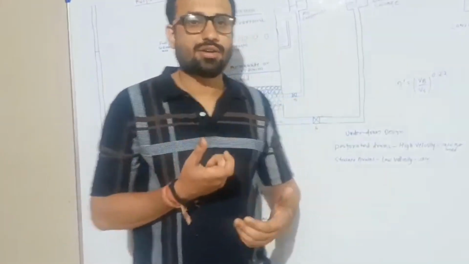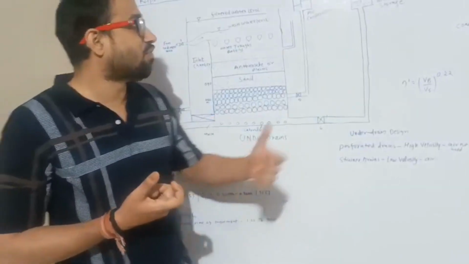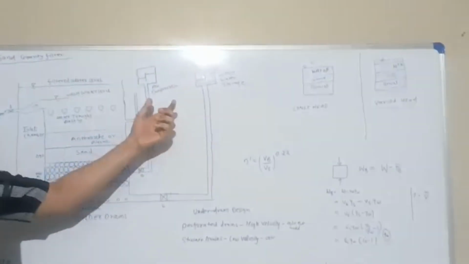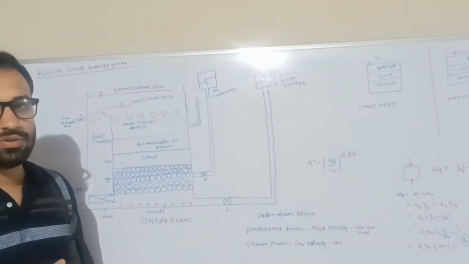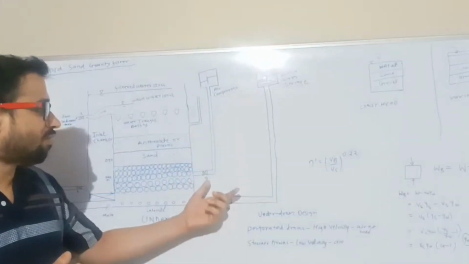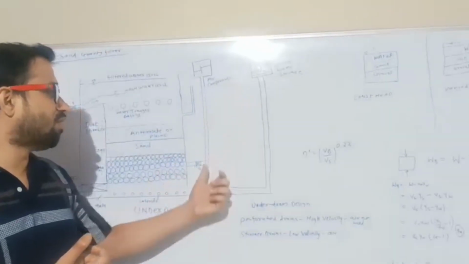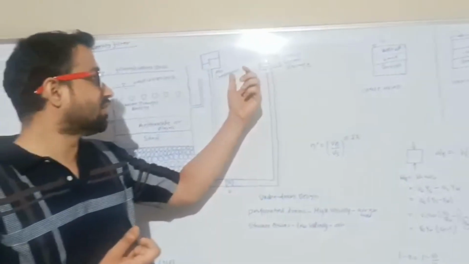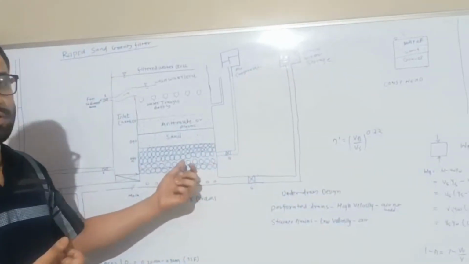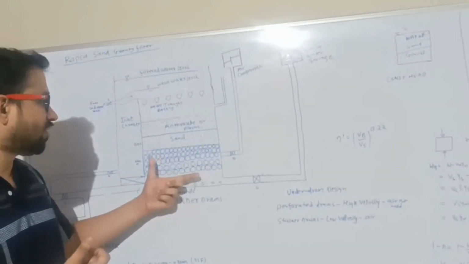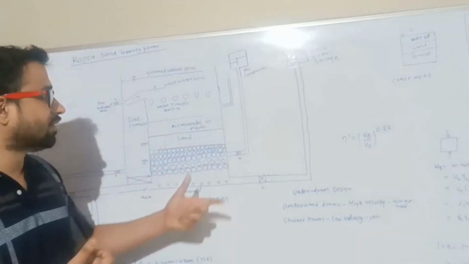To perform the cleaning of the filter, wash water storage and an air compressor are provided, which are from the valve number 5. The air from the air compressor is passed to the filter layer of gravel and sand.